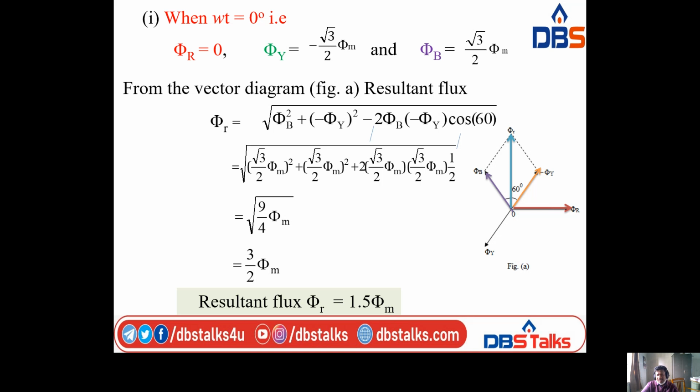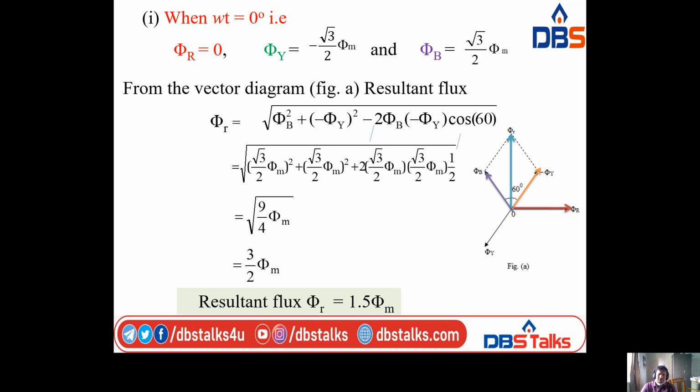Now we know the values of these two, phi B and phi Y. What is the angle between phi B and minus phi Y? 120 degrees in the middle, that is 60 degrees, right? So the vector sum of phi B and minus phi Y is nothing but phi resultant. Phi resultant is equal to the square root of phi B square plus minus phi Y square minus 2 phi B minus phi Y cos 60 degrees.